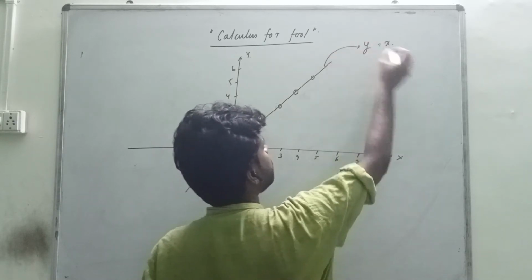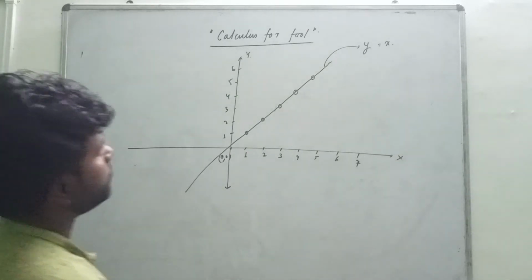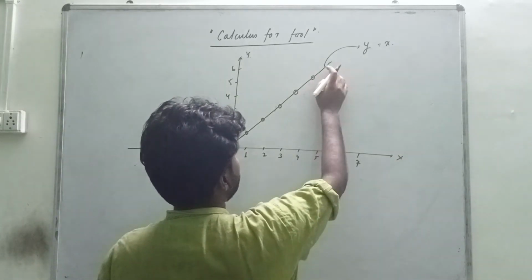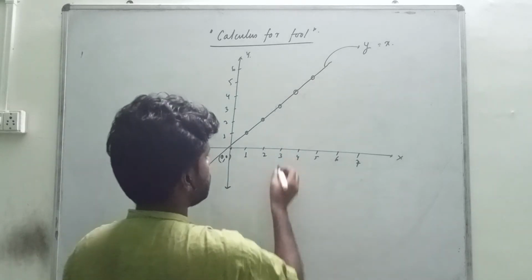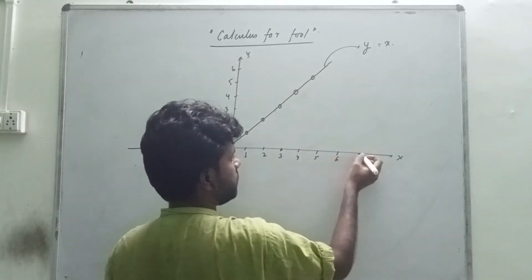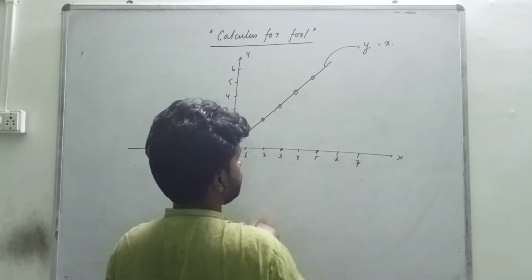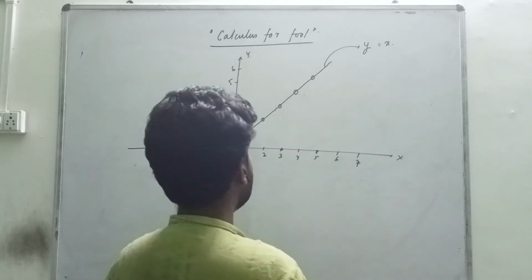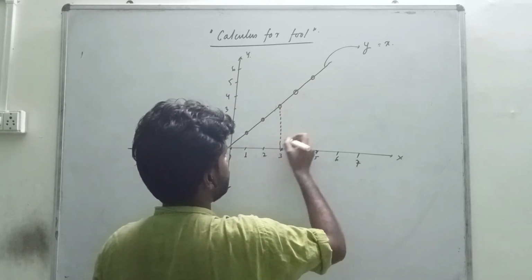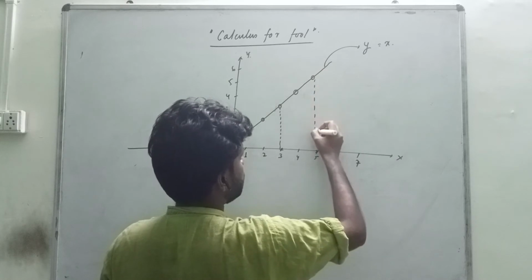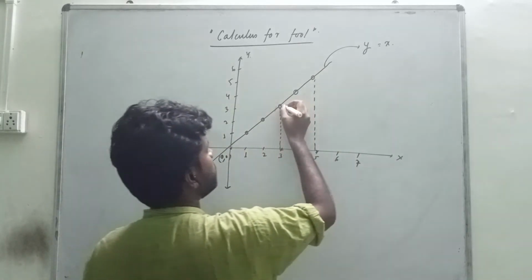This graph is named y equals x. And if I ask you to calculate the area under this straight line from x equals 3 to x equals 5, then what will you do? Just draw a straight line from here and a straight line from here. So you just find out the area of this thing.